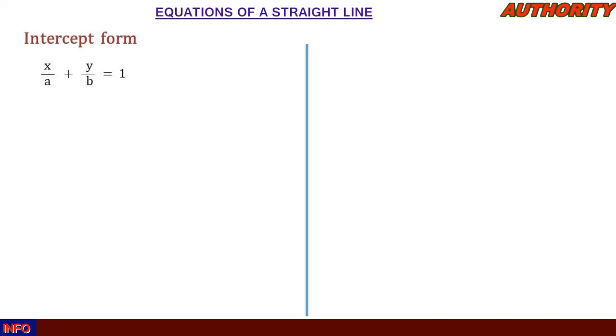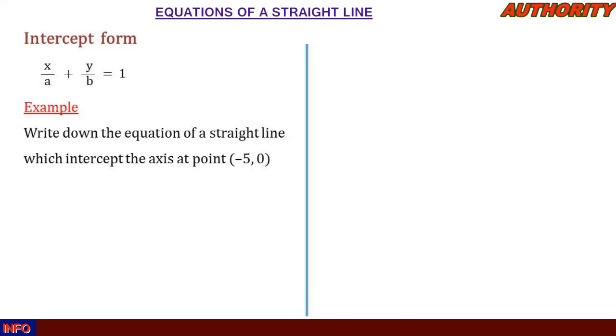Let's take a look at this question. Write down the equation of a straight line which intercepts the axes at the points -5, 0 and 0, -4. Also find the gradient. That means here we have x all over a plus y all over b equal to 1.